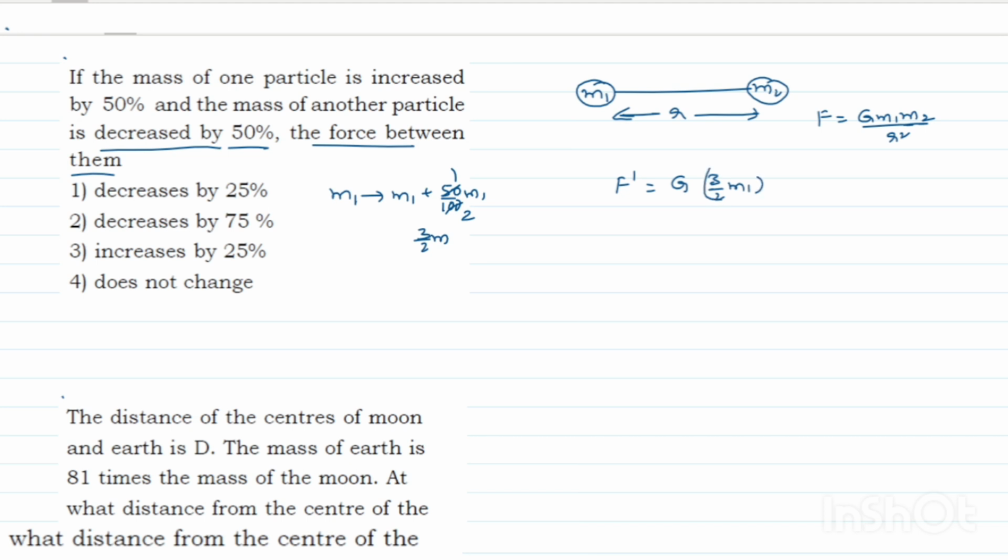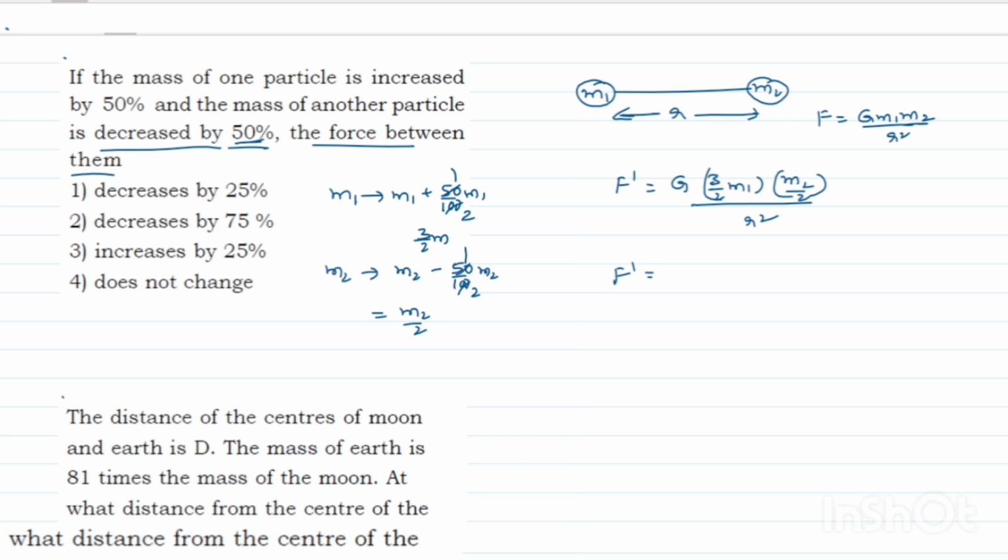The second thing is the mass of the other particle decreases by 50%. m2 minus 50% of m2 gives m2 by 2. The separation distance they are not talking about, so you just keep it the same.